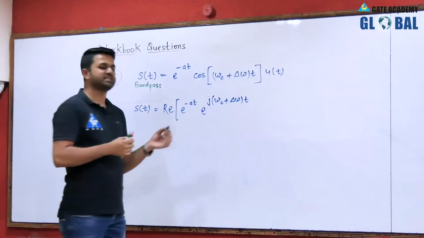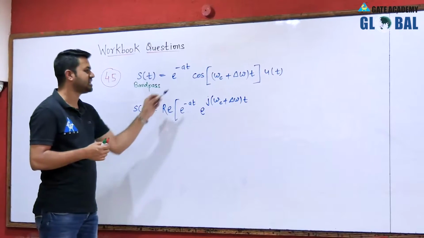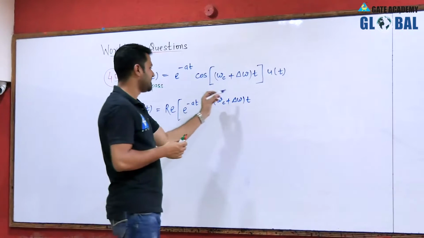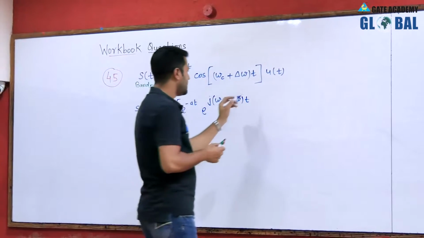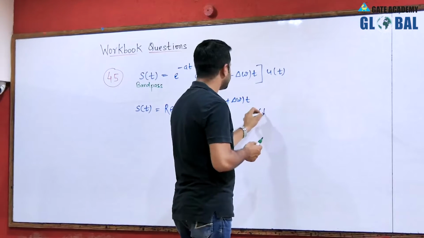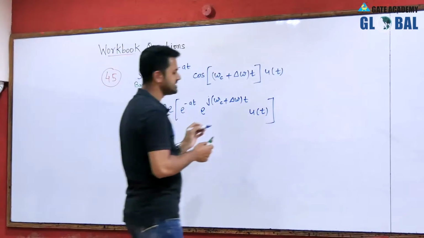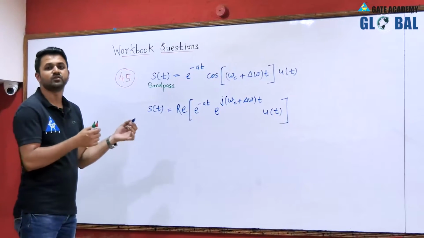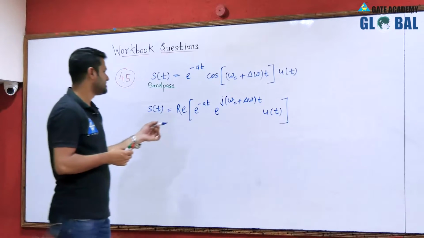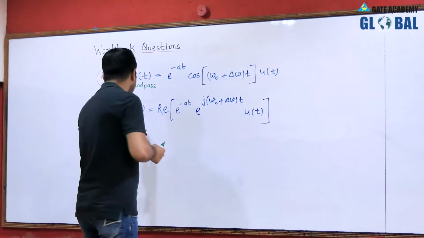The real part of this exponential term is actually a cosine signal, so taking the real part we get the same signal. The u(t) is a unit step signal, not a complex number, so it will stay inside the real function.